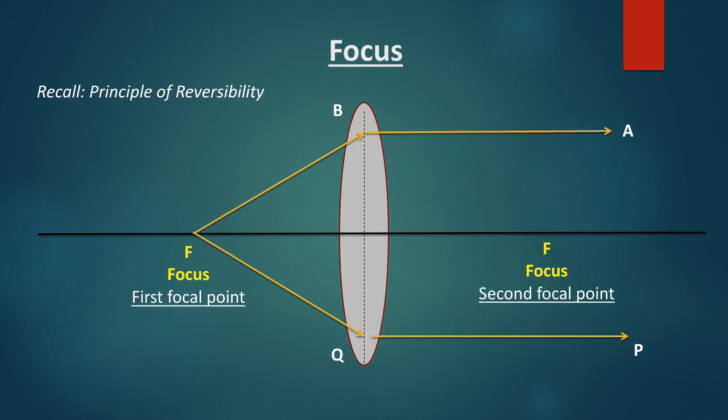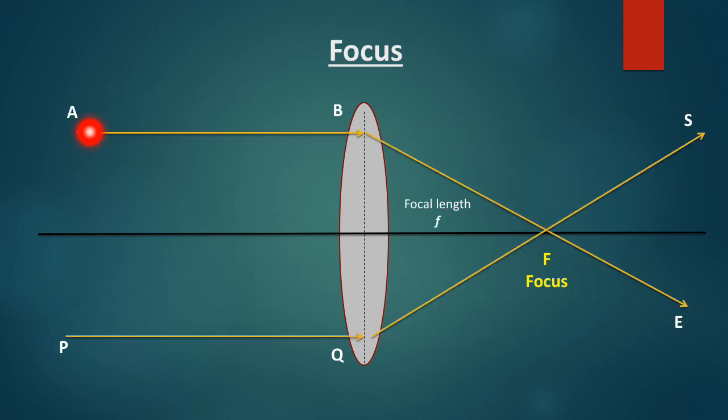So now we are getting two points on either side of the lens. This is the first focal point, from where the rays are incident on the lens and they are refracting parallel to the principal axis. And the second focal point is this one: when the rays are incident on the convex lens, they are directed to a particular specific point. That point is called the second focal point.